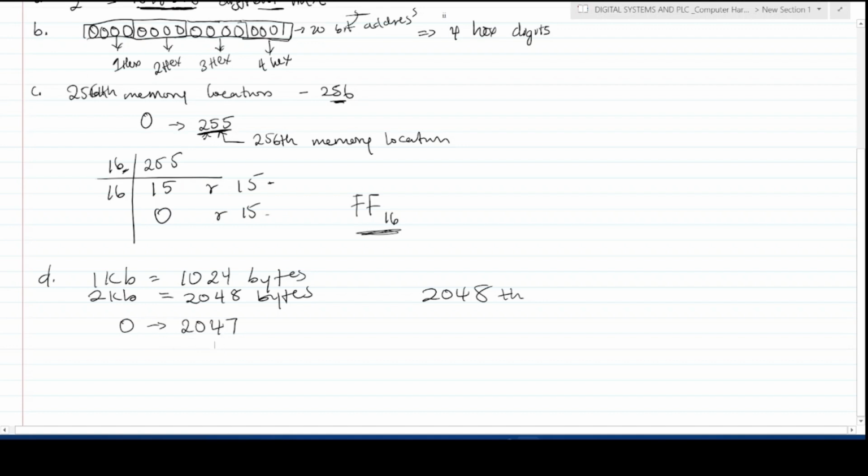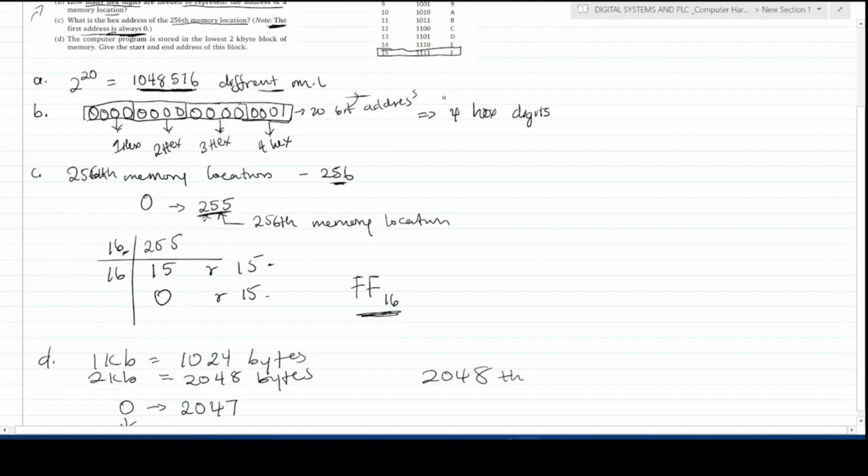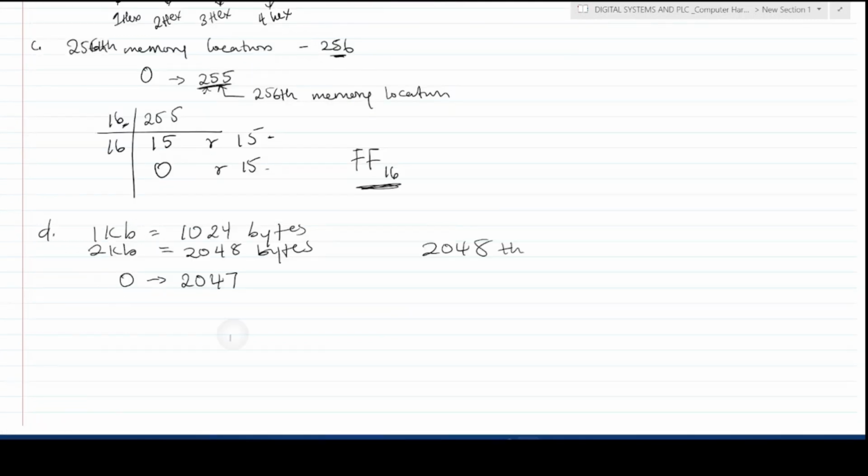Remember that tricky kind of question. So what is 0 in hex? I'm using hex because if I use binary, it's going to be an 11-bit number, and that's okay, but it's quite long. So it's just going to be 0000000.